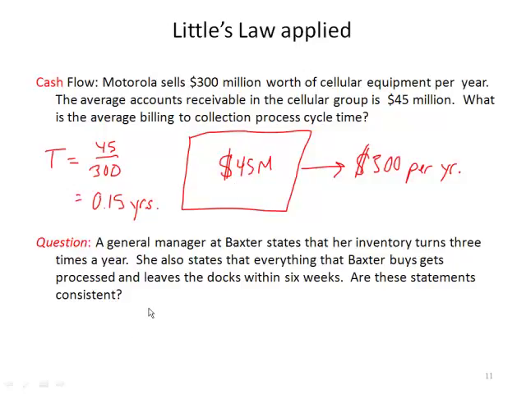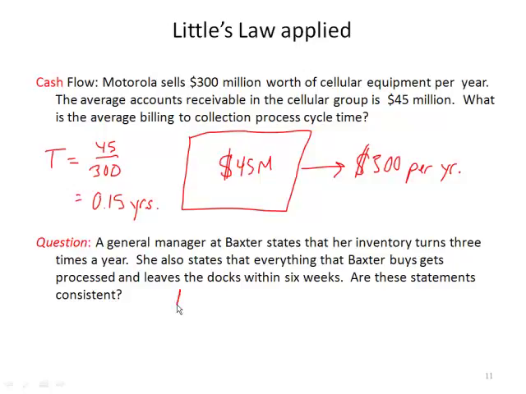Okay, we can also use Little's Law to evaluate statements by management. Do they make sense? Suppose a general manager at Baxter states that her inventory turns 3 times a year. So if her inventory turns 3 times a year, we know that the flow time is the reciprocal of the inventory turns.